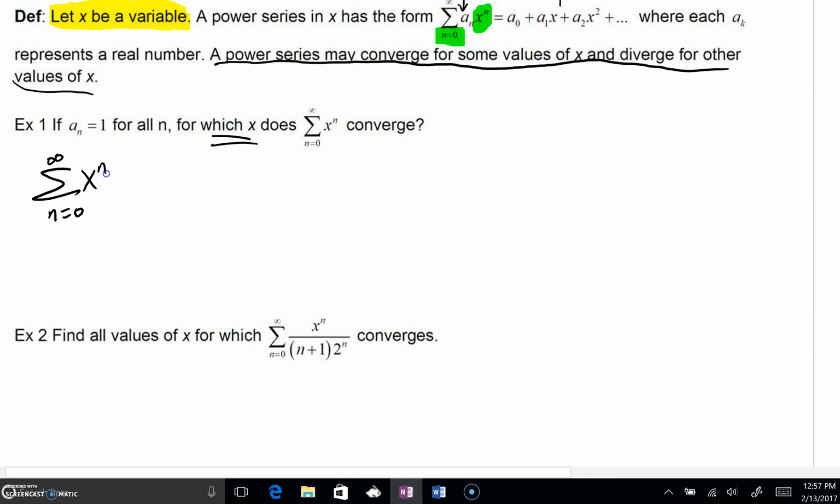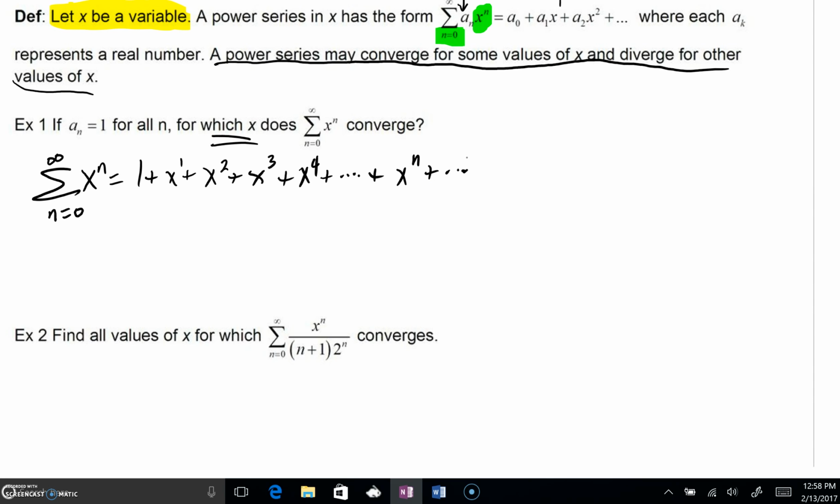First term, x to the 0, we'd say it's 1. And then n equals 1, that's x to the first. Plug in n equals 2, there's x to the second. Here's x to the third, x to the fourth. You get the idea. This goes on forever. I'm stopping at an nth term, but it doesn't stop there. It continues to go on forever.